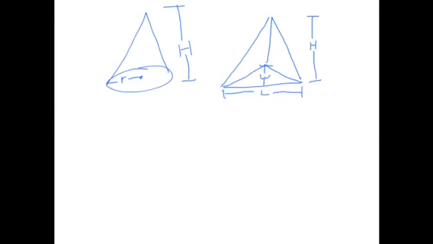Next up, you have some more museum quality drawings, a cone and a pyramid, and the formula for these two are essentially going to be 1/3 base times height. So again, in more detail, you have the cone as radius squared times pi, that's the base, times height, but also you need that 1/3 there.